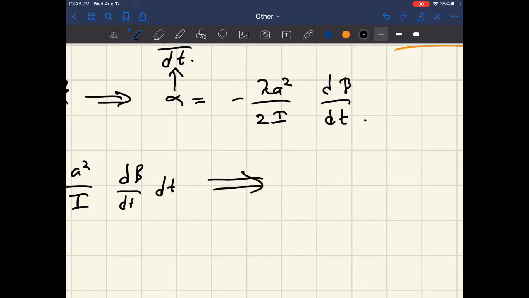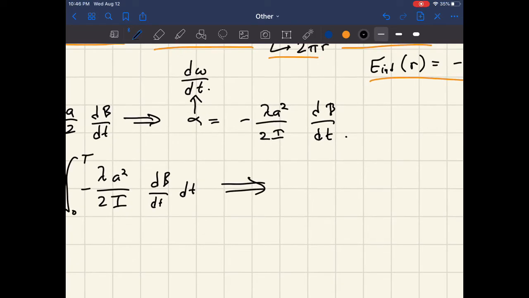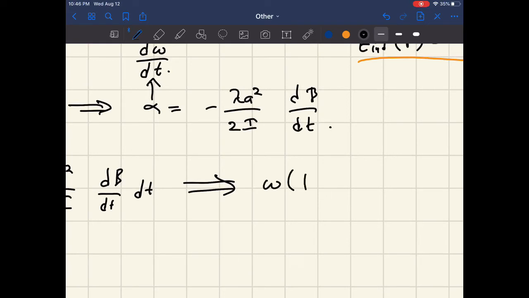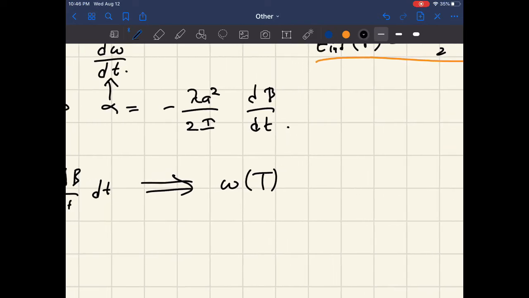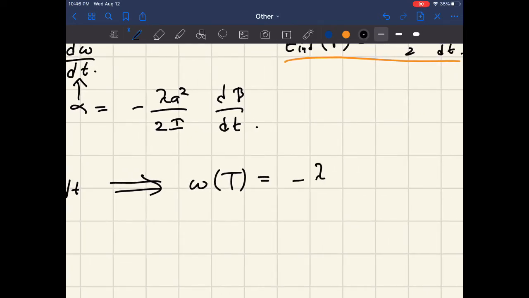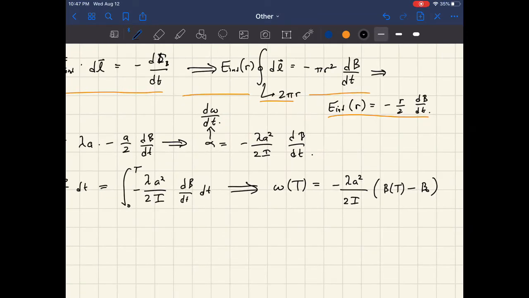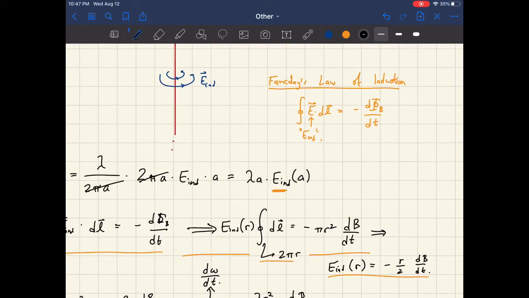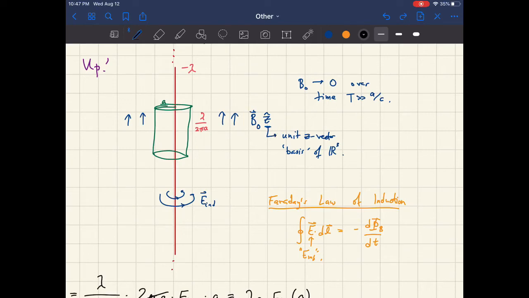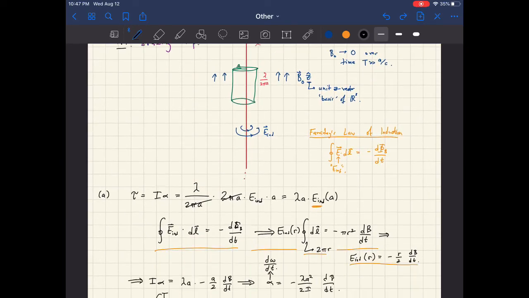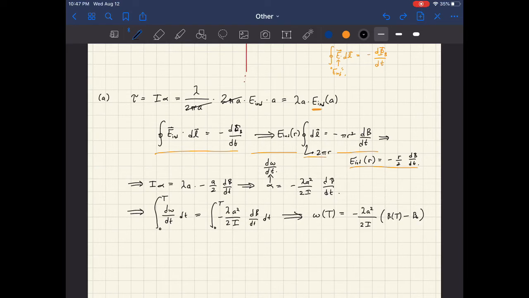And that finally gives you an equation that states that omega of t, so remember, your omega of 0 is 0 because it's not even rotating when t equals 0, because nothing's happening, is equal to negative lambda a squared over 2I times B of t minus B naught. Because your B of 0 is just B naught, which is your initial magnetic field, and that's changing over time.